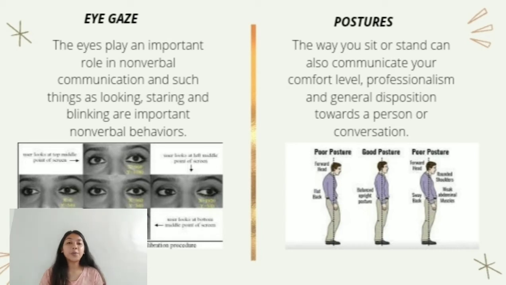Eye gaze plays an important role in every communication. With the use of our eyes, we can tell something of what we are trying to say or convey a message. And also with the use of the eyes, we could know if the person is telling lies or not.